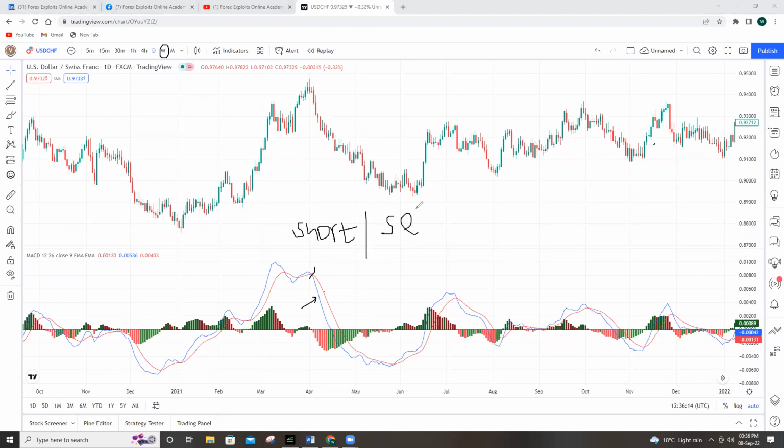I'll only take sell trades. Why will I only take sell trades? Because on my higher time frame, there is a cross between my MACD and my signal line facing downside. Then there is divergence, and of course, there's a crossover of my histogram bars to below zero, and they are increasing in size.